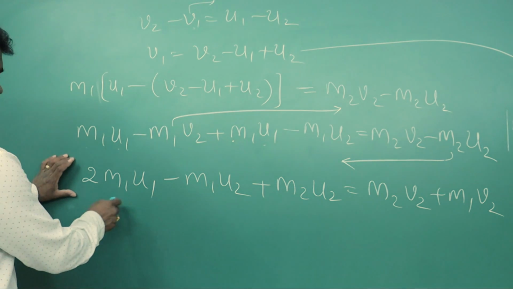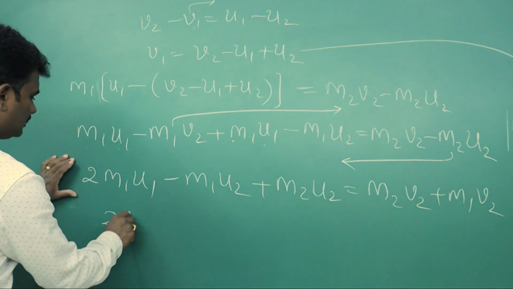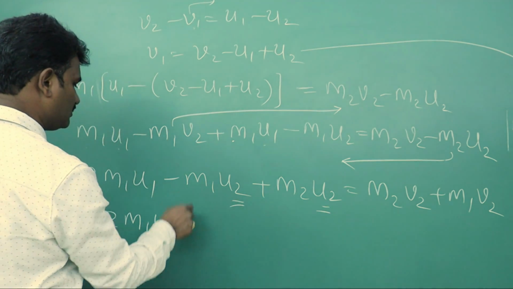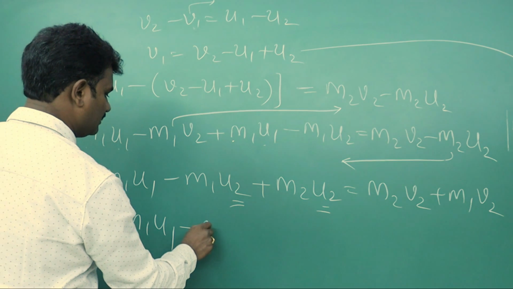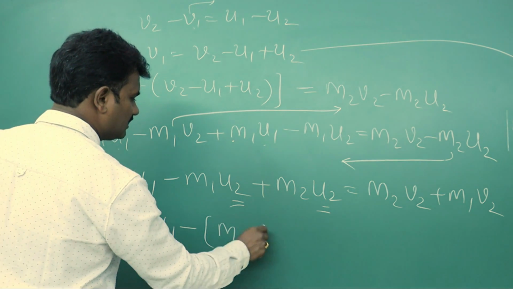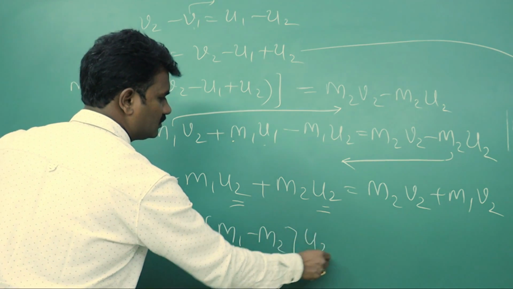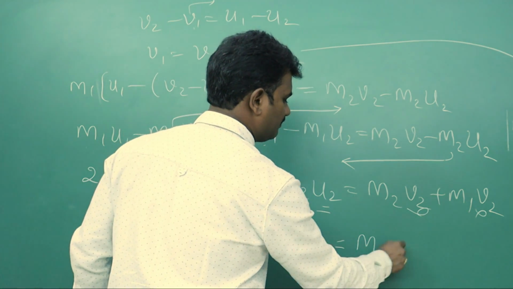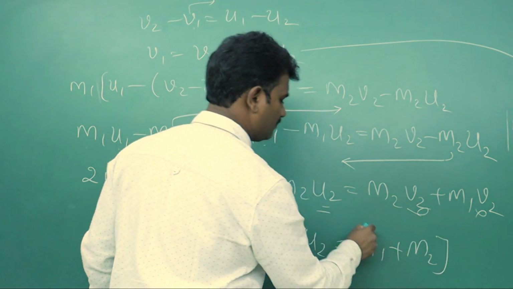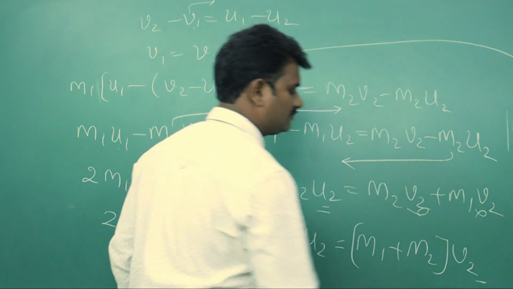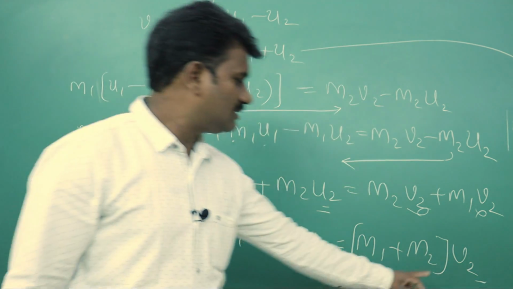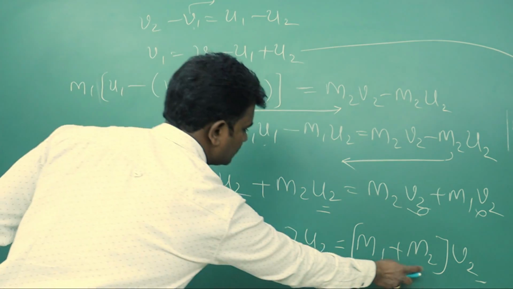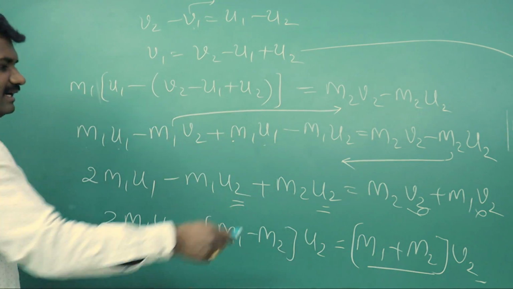Now 2 m1 u1, I am going to take u2 as common, and it is minus (m1 minus m2) into u2, is equal to, taking v2 as common, (m1 plus m2) into v2. Now what is our task? Our task is to find v2. So upon sending this towards the left, we can find v2.